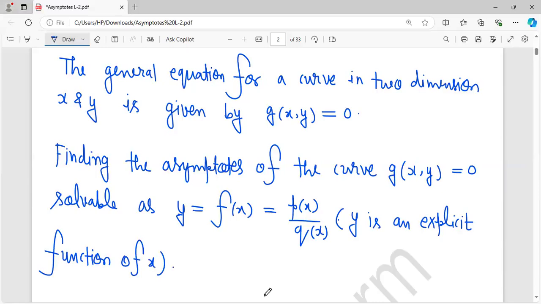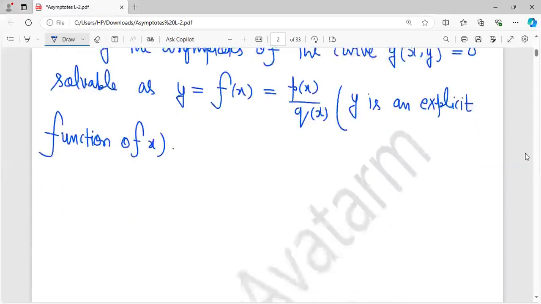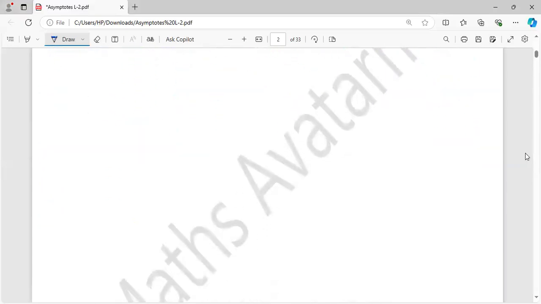So first we will take this case where y is solvable for a function of x. It means y is an explicit function of x. So I am writing in bracket y is a function of x. So how to find vertical asymptotes?